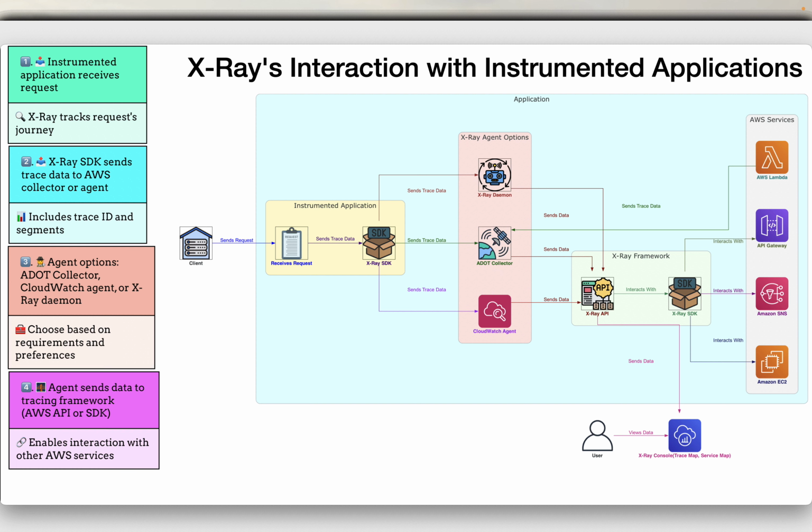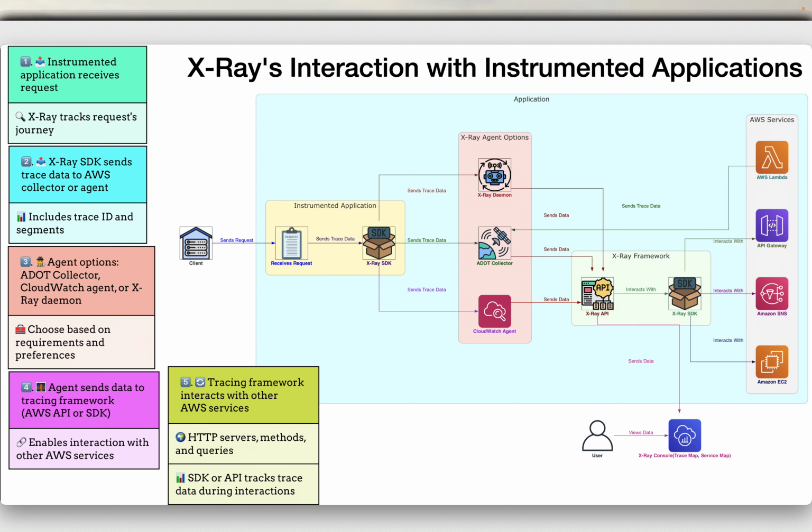The chosen agent sends the collected trace data to a tracing framework, which consists of either an AWS API or an AWS SDK built on top of an API. This framework enables interaction with other AWS services. The tracing framework can optionally interact with other AWS services, HTTP servers, methods and queries.